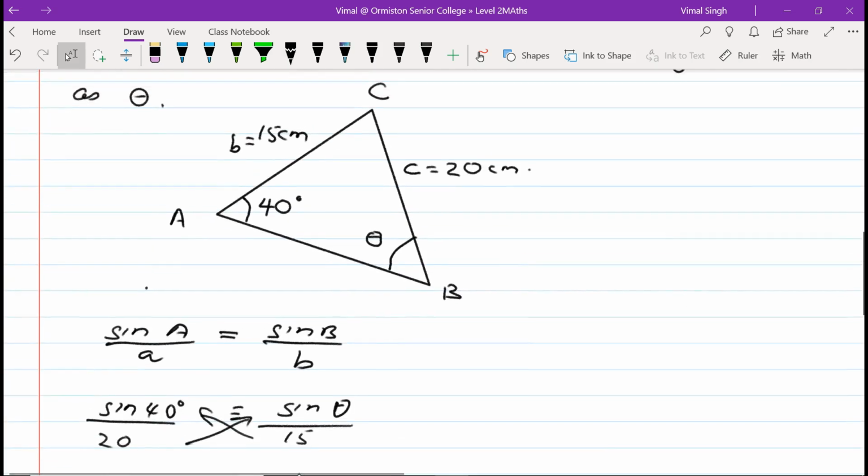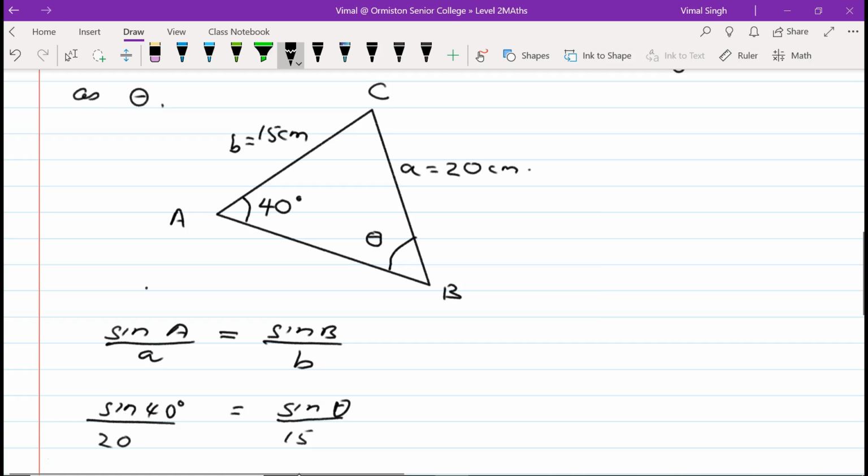So the values that I have: sine of 40, which is angle A, is divided by 20, which is the length of the side. This is not C, this is a over here, that's my mistake. So a is equal to 20 centimeters.